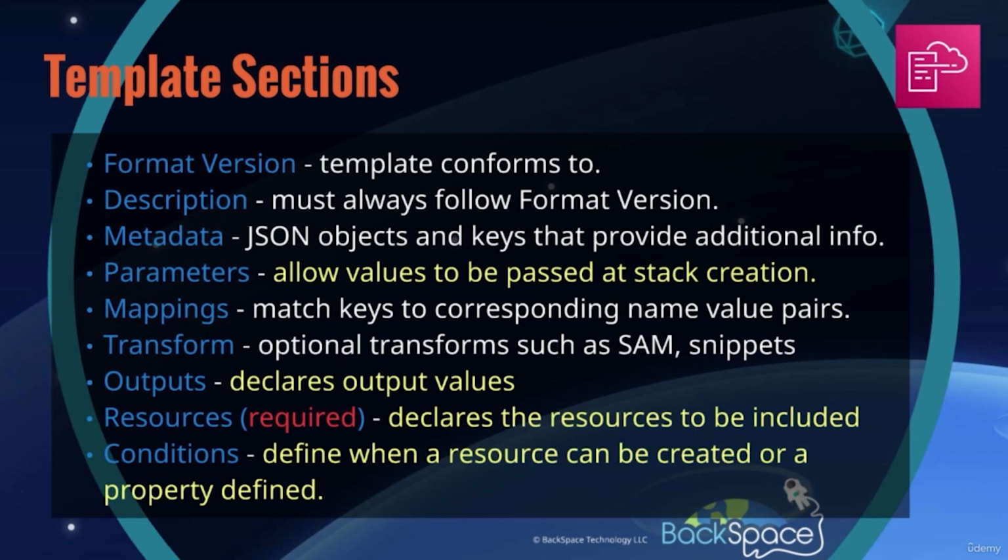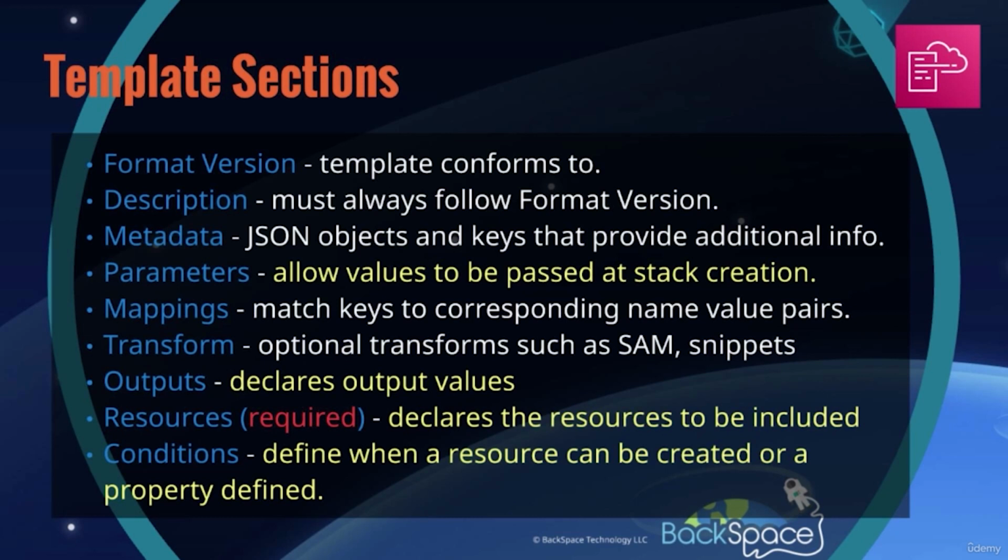Outputs can be very useful when you want to see what is going on with your CloudFormation template. You can put outputs at different stages that can output a message to the console when something of importance has occurred. The resources section is the most important section because it is required. If you don't have a resources section, then there will be no resources to deploy, and the CloudFormation template actually won't work at all.